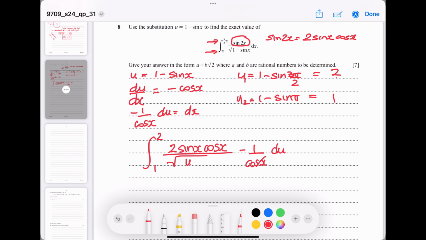So we can see our cos x cancel. We now need to rewrite the sine x in terms of u. So let's go back to our original substitution. So an expression for sine x would be 1 minus u.